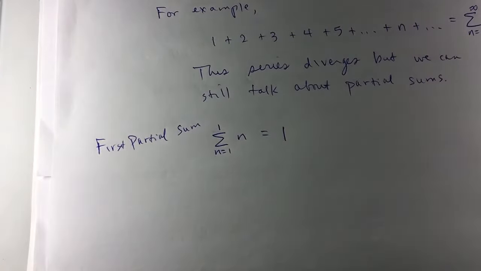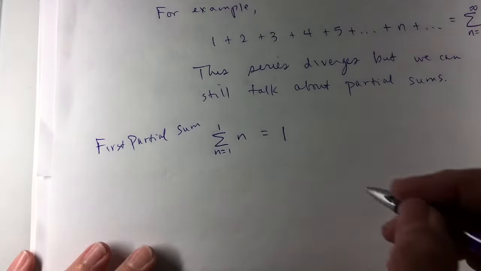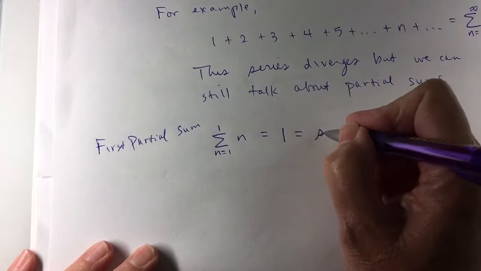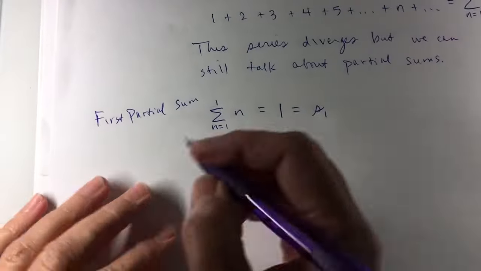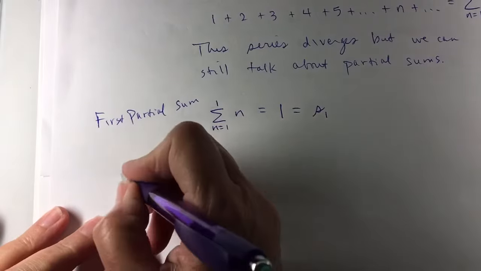And by the way, we would write the first partial sum, or we write a partial sum, in this case, S sub 1. I use a script S because if I do a print S, it's going to look like a 5, okay? So I'll just do a script S. Here's the second partial sum.